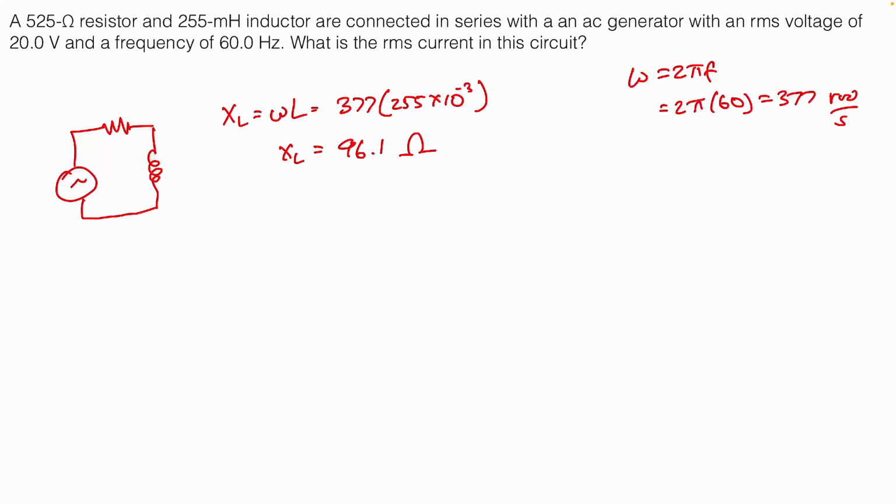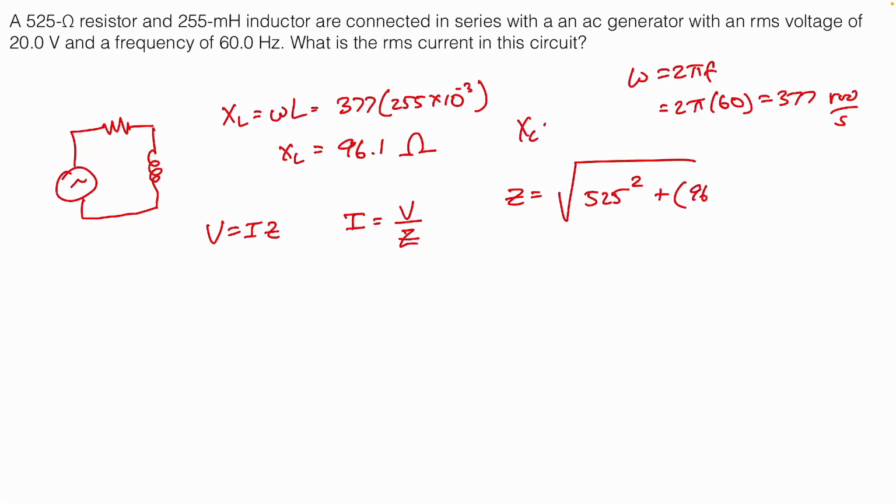Okay, again, thinking ahead, we're going to need Ohm's law to solve for the current. We're going to need the voltage divided by the impedance, which means we're going to need the impedance of the circuit. So we have a 525 ohm resistor, square that. And then we have XL minus XC, but there's no XC, so it's 0. 96.1 squared.